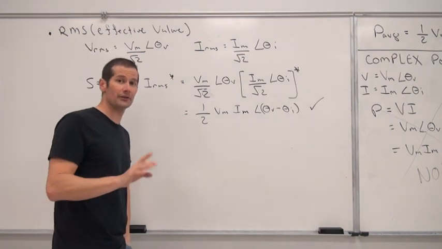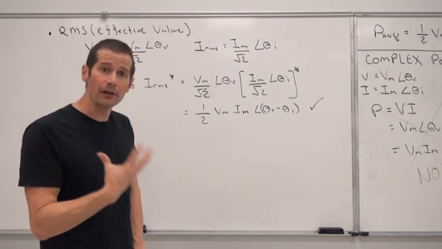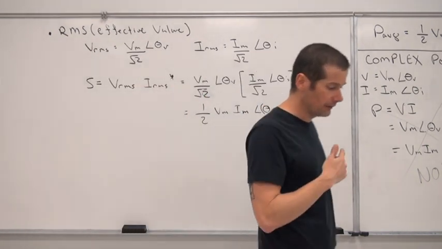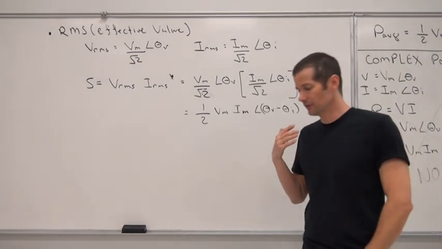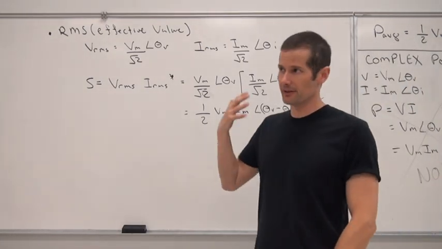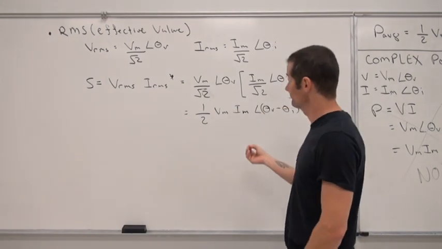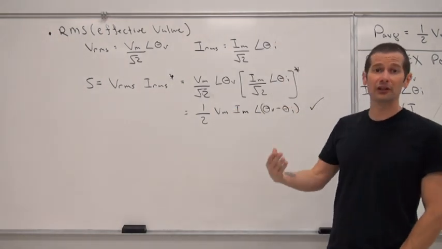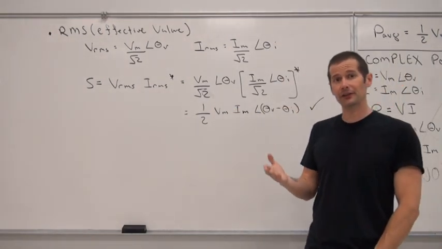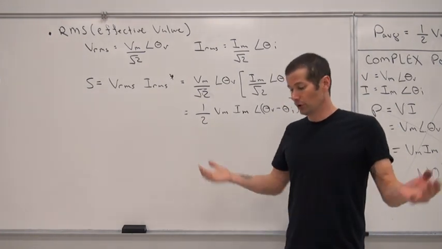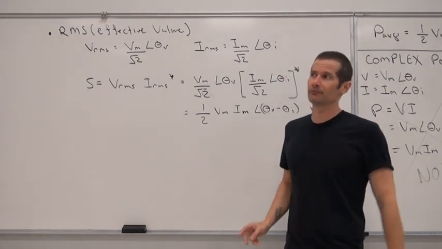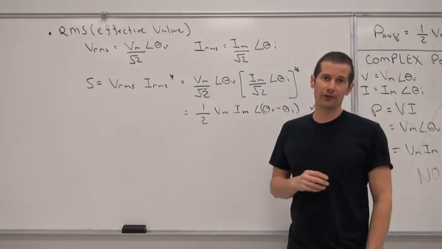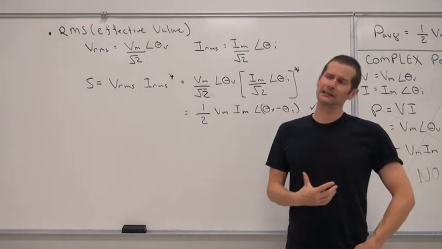Once again, just to review, we started off with this idea of instantaneous power. How do we look at the rate at which energy is being expended within that system? We said that p of t was equal to v of t times i of t, and multiplying two cosines together may not be the easiest or quickest way of calculation.